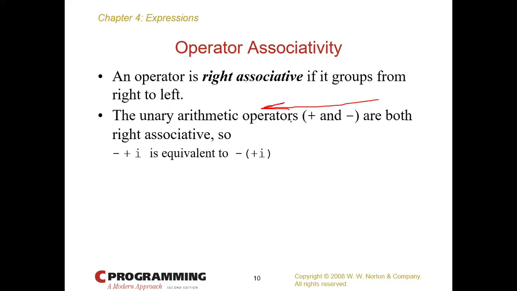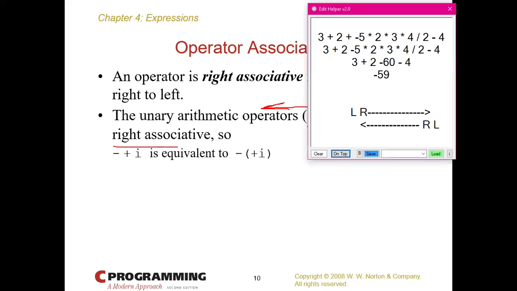So the unary arithmetic operators plus and minus are both right associative, which means if you have more than one negation, you have to start from the right. So if we had, let's say, minus minus 4, we would solve this first, and then we solve this.